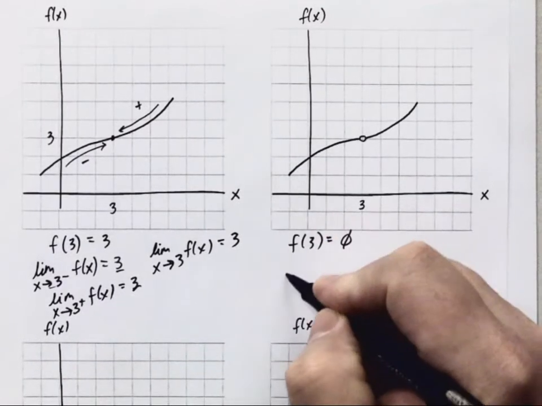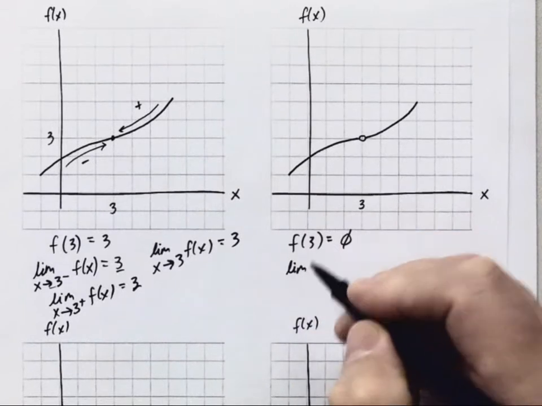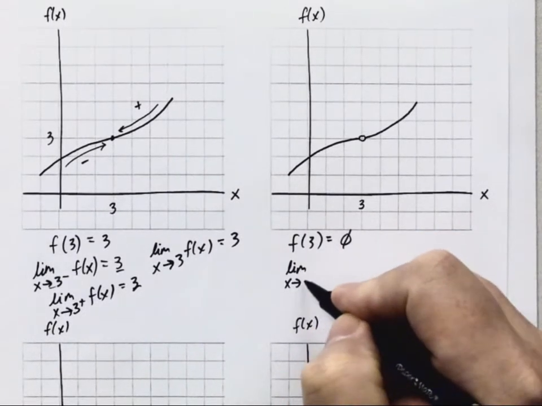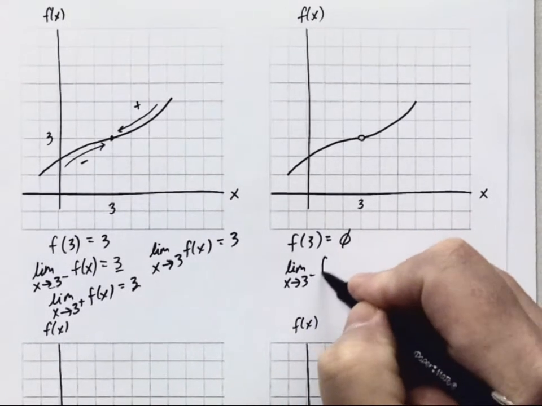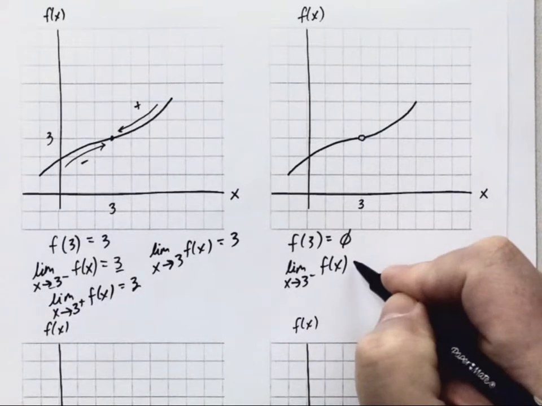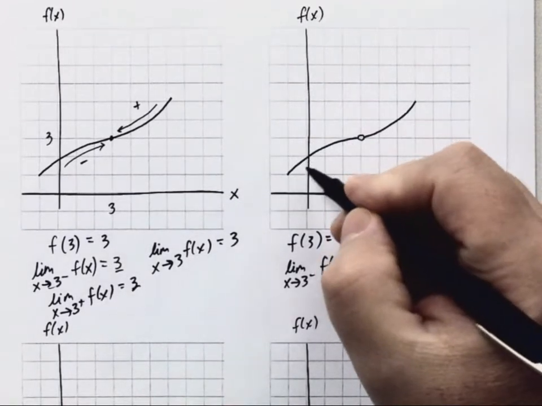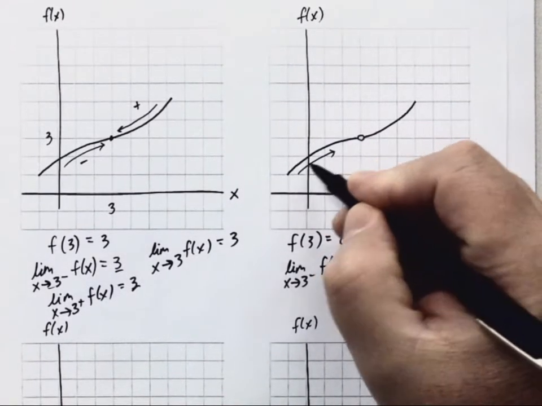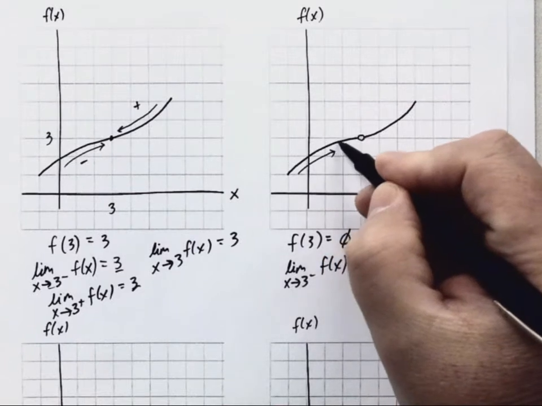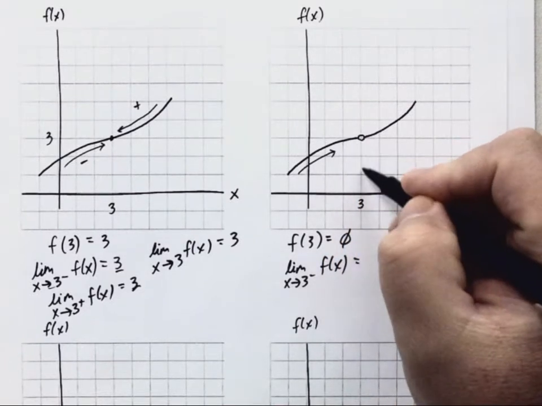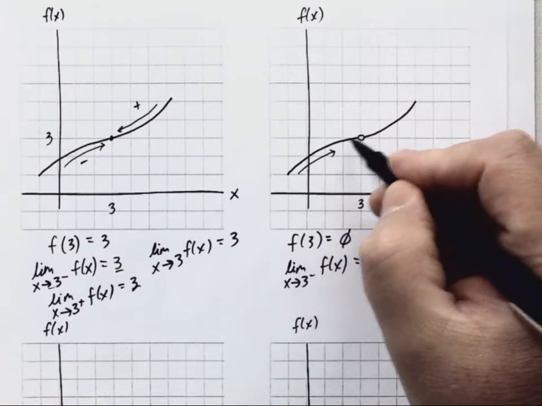However, what about the limit as x approaches 3? The limit of the function as x approaches 3 from the low side. So now I'm going here, x is getting closer and closer to 3.